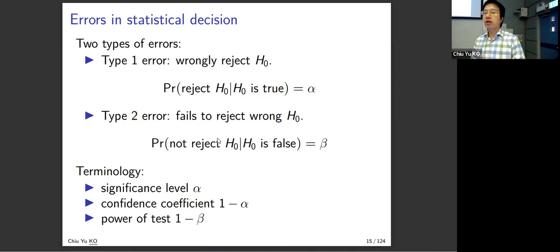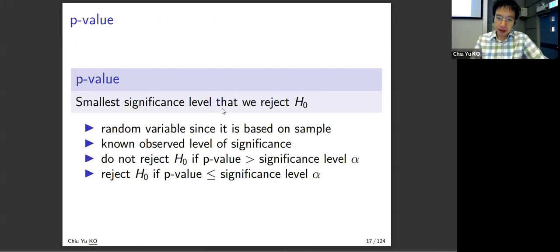The problem is when I have a small alpha, the beta will be big, but we don't know how to measure that. That's why, as a rule of thumb, we always use 5%. But that's a tradition. There's no hard and fast rule to tell you why 5%, but everyone uses 5%, so we follow the tradition.